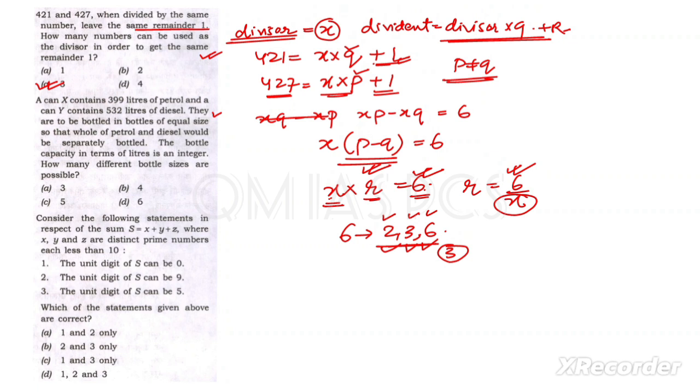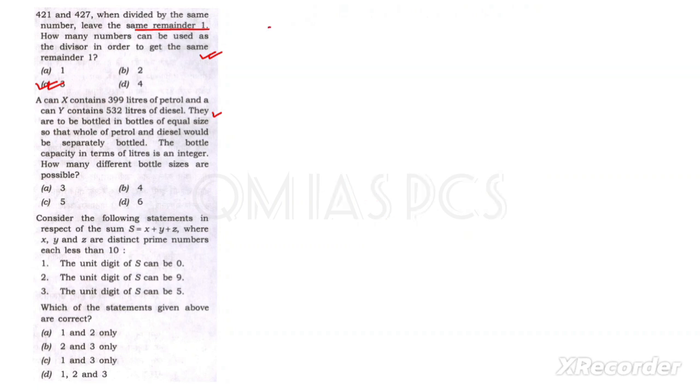Okay, the next question is: it is given that a can x contains 399 liters of petrol. Can y contains 532 liters of diesel. I think I gave this question as homework in lecture 3, and I did not explain it there in the beginning, so I am explaining it here now.